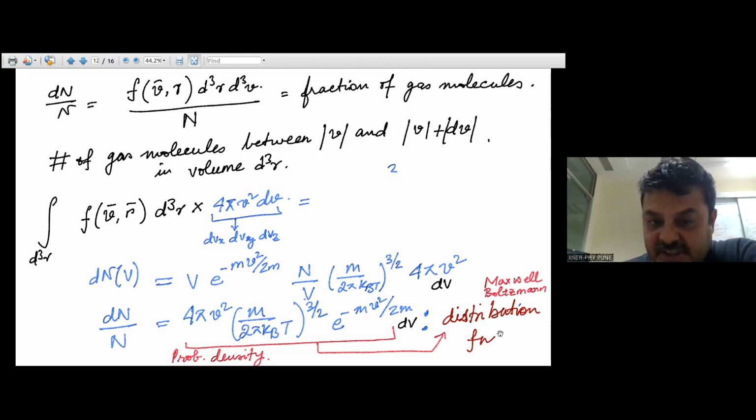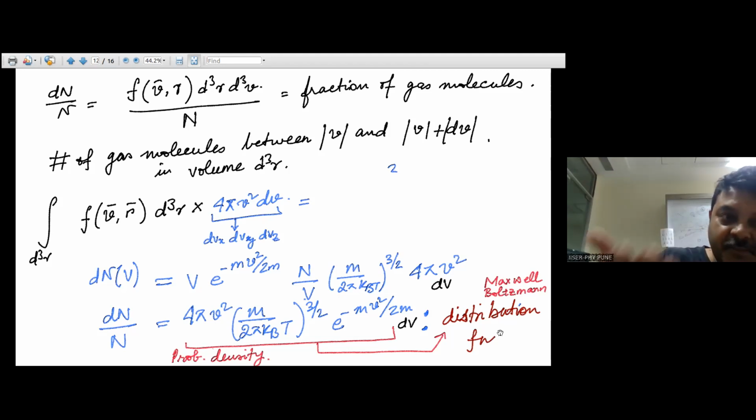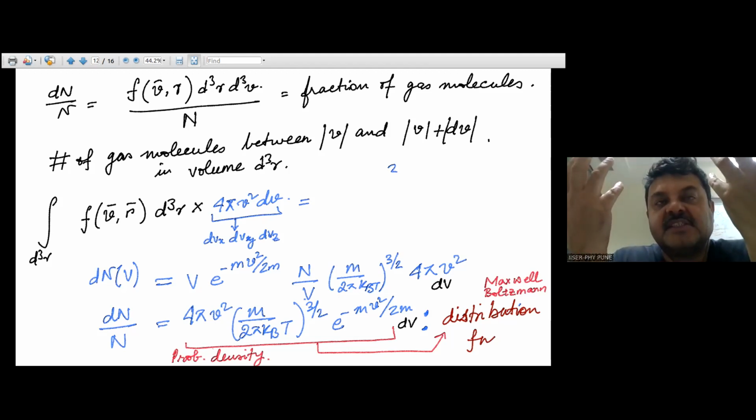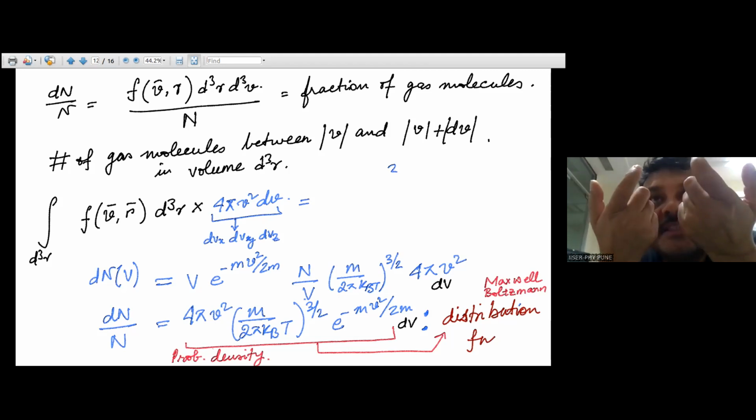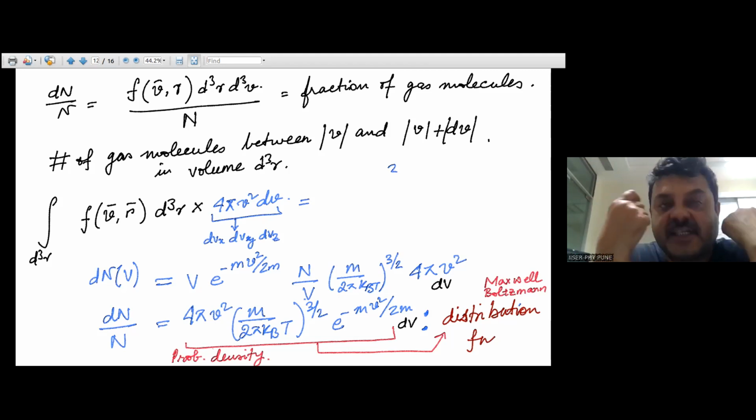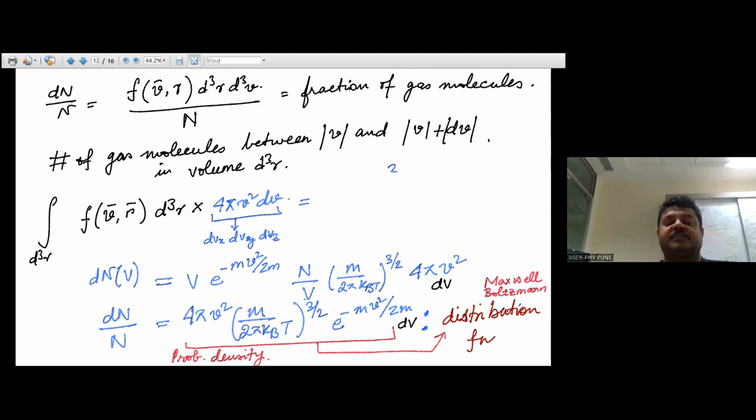That is what we call the Maxwell Boltzmann distribution function. You might have come across it in the past from the kinetic theory, but this we got essentially as a consequence that higher energy microstates or higher energy particles are accessed with the probability e to the power minus beta Ei. It came from the canonical distribution, right? How the energy of particles in a system which is exchanging energy with its reservoir, what is the energy of the particles there?